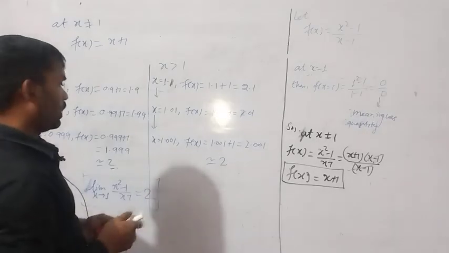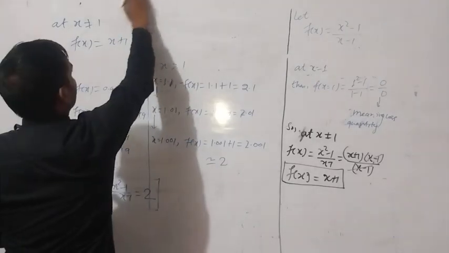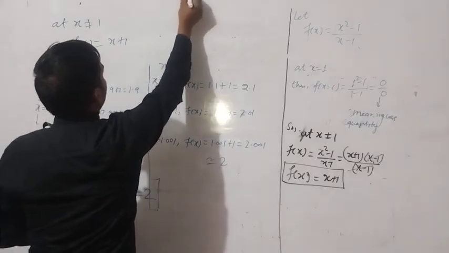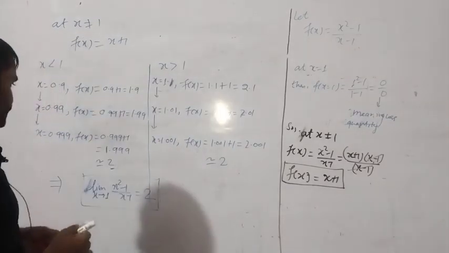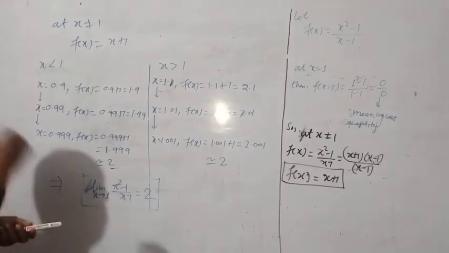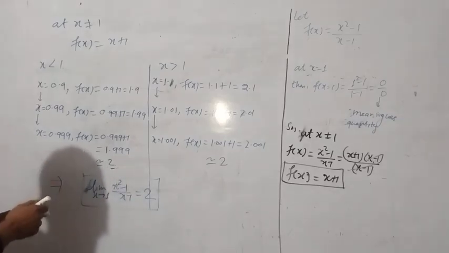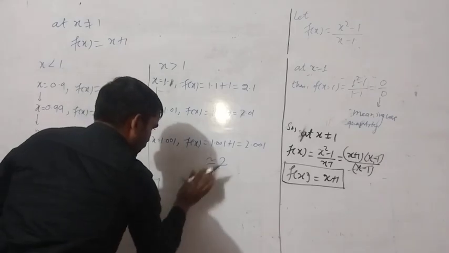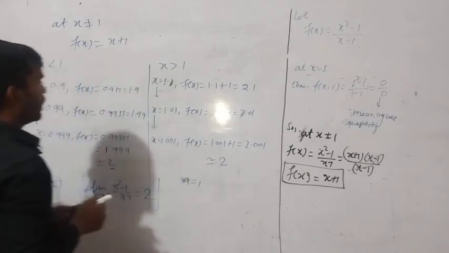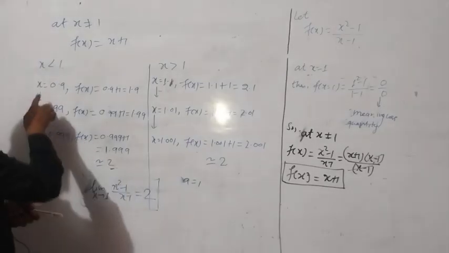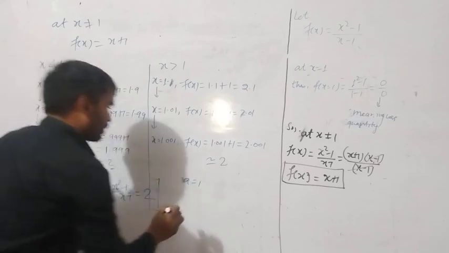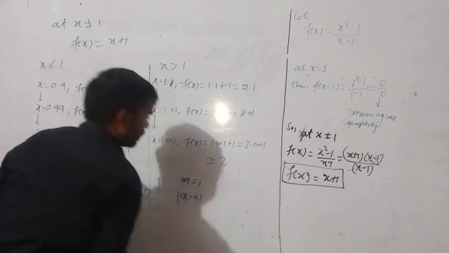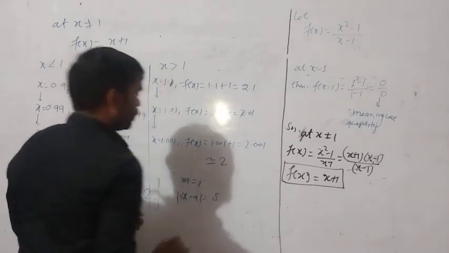But in the definition we have written two things, that is epsilon greater than 0 and delta greater than 0. If we see the actual values of delta and epsilon, here a is equal to 1, but we take the actual value of x as 0.9. Then if we subtract x minus a, this will be equal to delta.